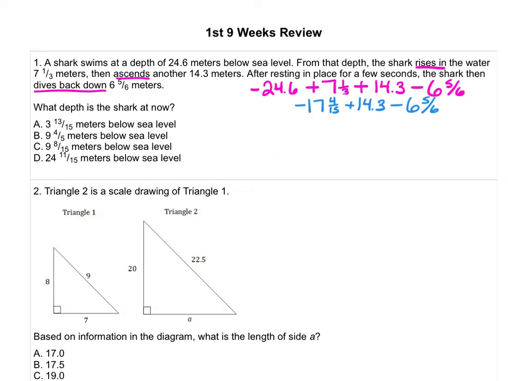Okay, now once again, we have a fraction plus a decimal, and 4/15 does not equal a terminating decimal, so we need to work with both fractions. So, looking at these two numbers, negative 17 and 4/15 plus 14 3/10, they would have a common denominator of 30.